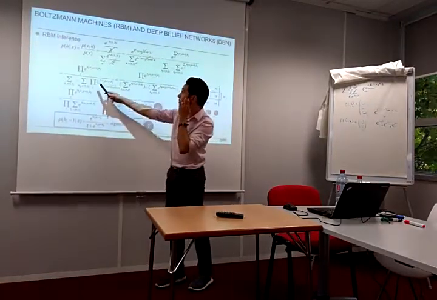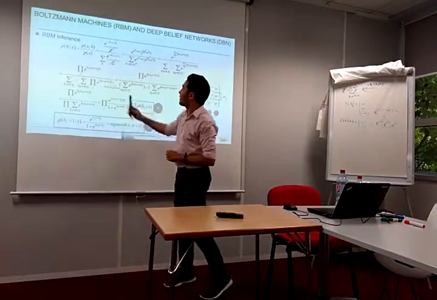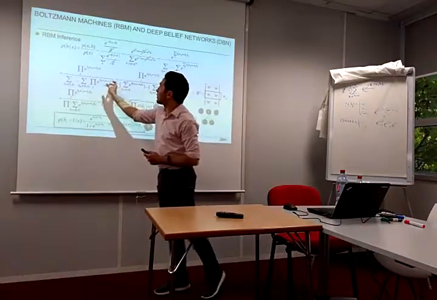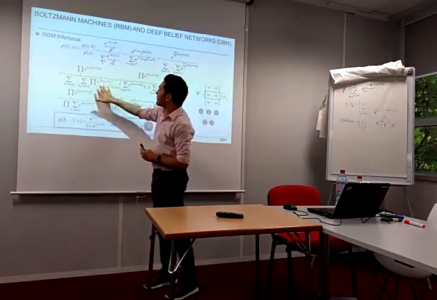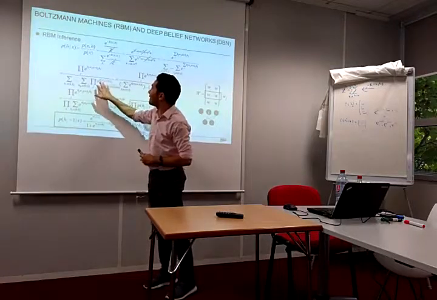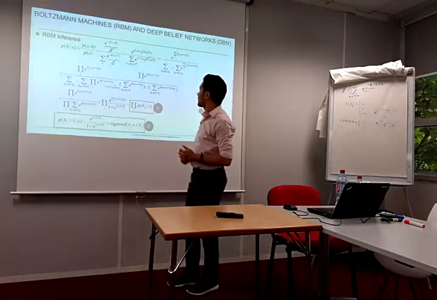Okay, so this is over the same j here, and because we can rearrange all of the parts, this does not depend on this summation. It depends only on a single summation, so we can rearrange these terms in this way.